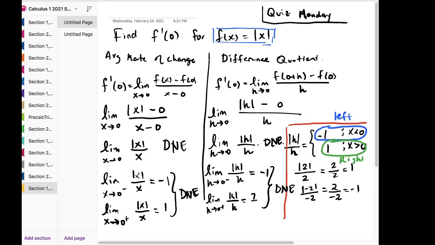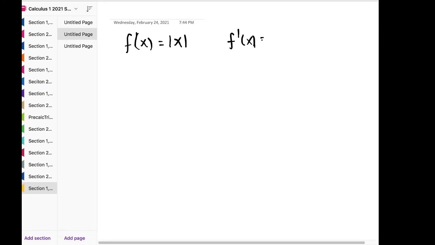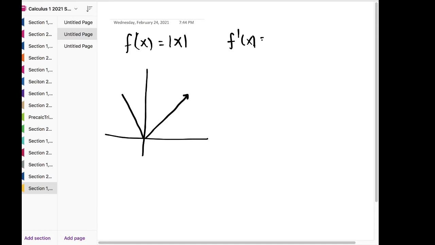So let's think about the graph of the derivative. First, let's think about absolute value of x. So the derivative doesn't exist here, right?